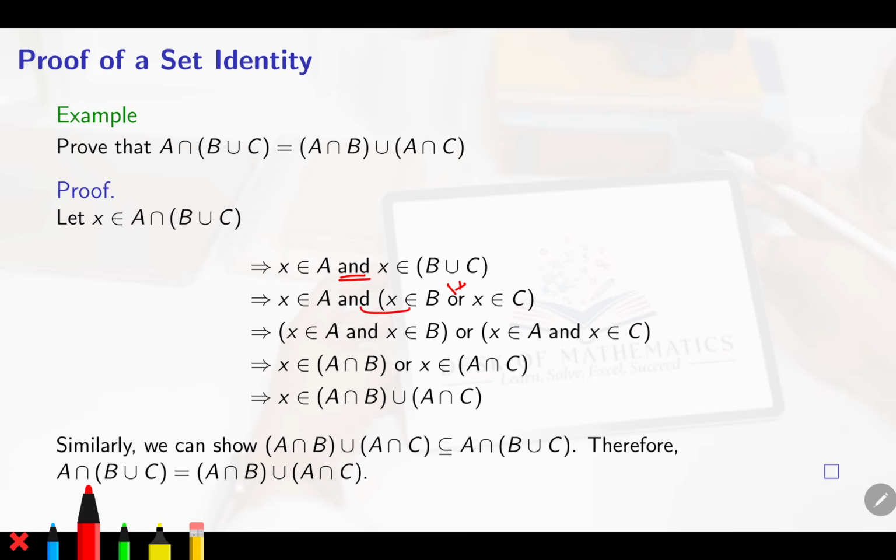Now distribute this AND with the B and with the C, so OR will come. With respect to the AND, that means the intersection of A and B, and the intersection of A and C, the OR will give the union. So A intersection (B union C), that means this LHS, is a subset of the RHS. Now take an element from here.